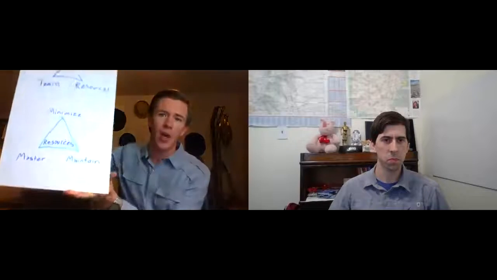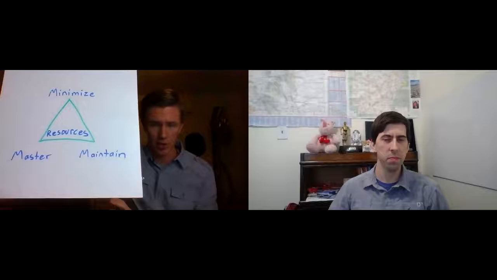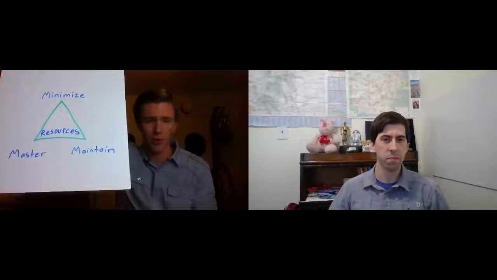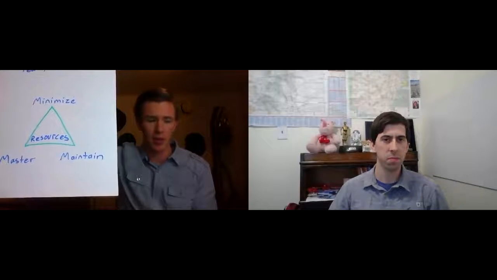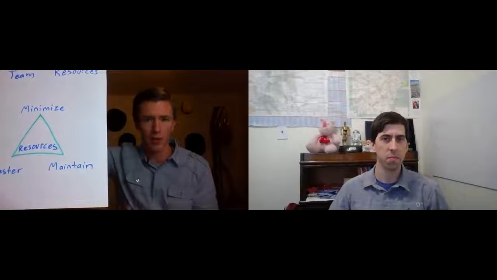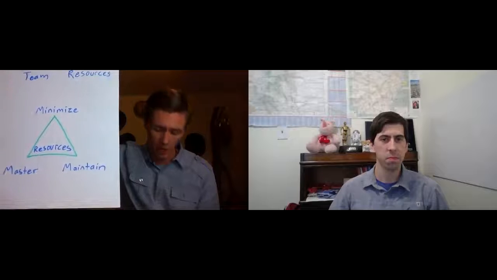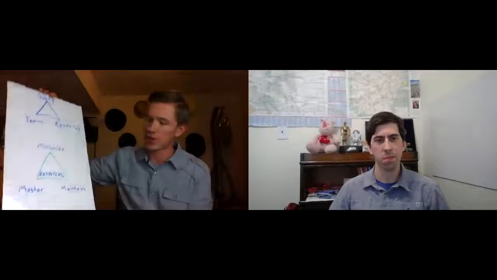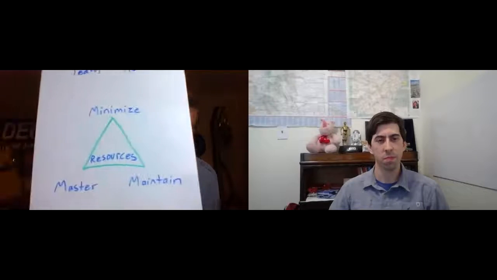But today we're talking a little bit about a resource triad, which is basically a triangle that has the word resources in it. Each one of our main self, team, and resource groups has its own triangle as well, its own triad. This one, we've got 3 points around our triangle, which is minimize, master, and maintain. There we go, if you're watching the video.